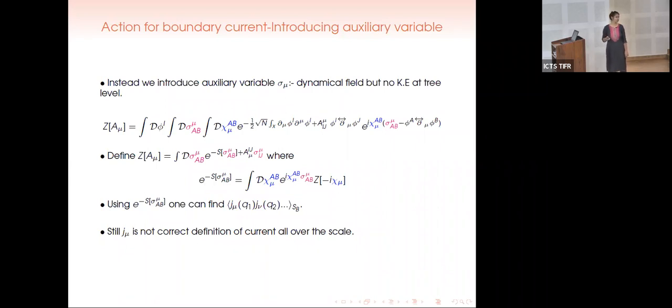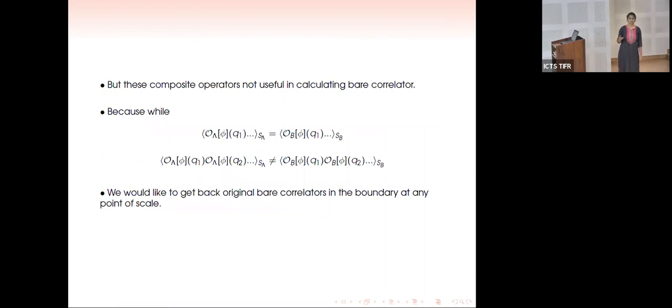Sorry. Yes. Can I ask a question? Yeah. So when you say that it doesn't reproduce the Bare correlators, what do you mean? If these operators are well separated compared to the things that you integrated out, it should work, right? At least at some approximate level. No, this is not equal to 0 in general also. But they should be approximately equal when the operators are well separated.